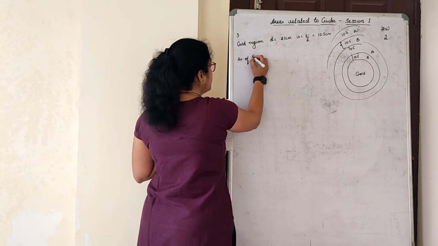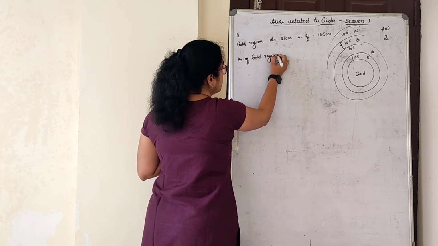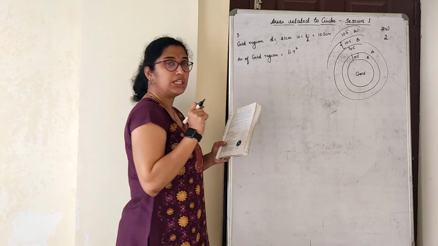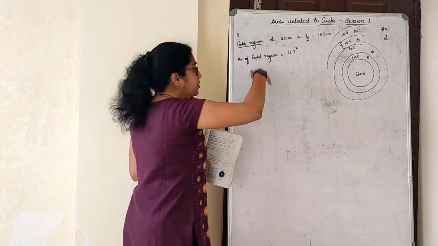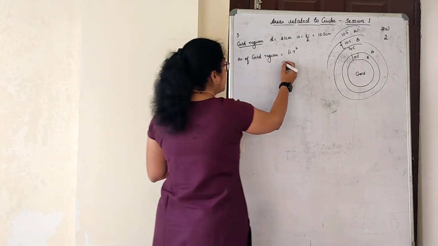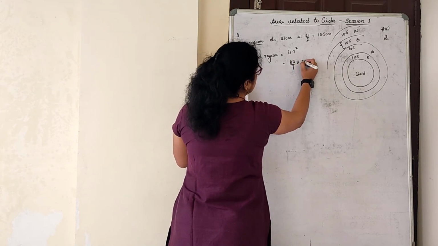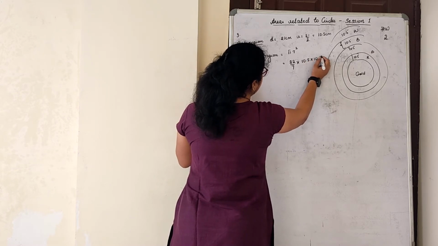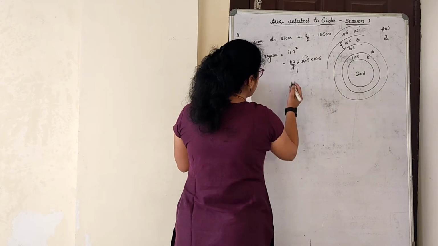So area of gold region is equal to pi r square. I will not write g again here because I have already mentioned this is for gold region. That we will mention for all the subsequent parts. So pi r square, 22 by 7 into 10.5 into 10.5. 7 ones are 7, 7 fives are 35.